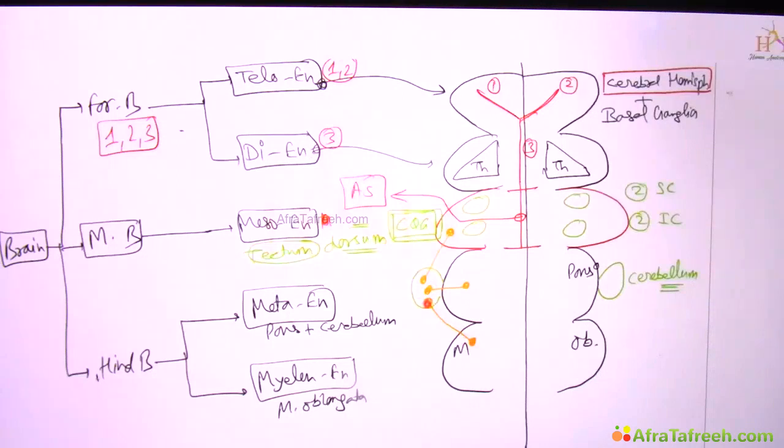And to the medulla oblongata by the inferior cerebellar peduncle, on the right side. Not only the right side, the left side also. Actually, the cerebellum attaches to the brainstem, the three parts of the brain: midbrain by the superior peduncle, pons by the middle peduncle, medulla oblongata by the inferior peduncle.